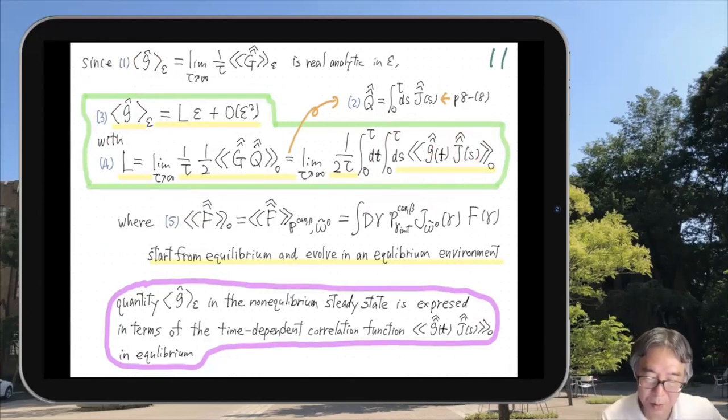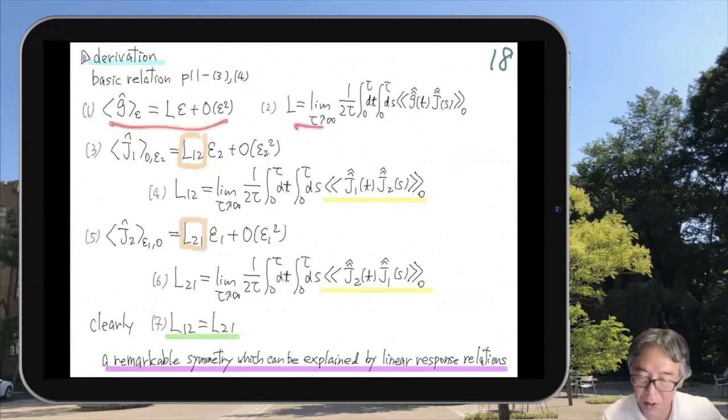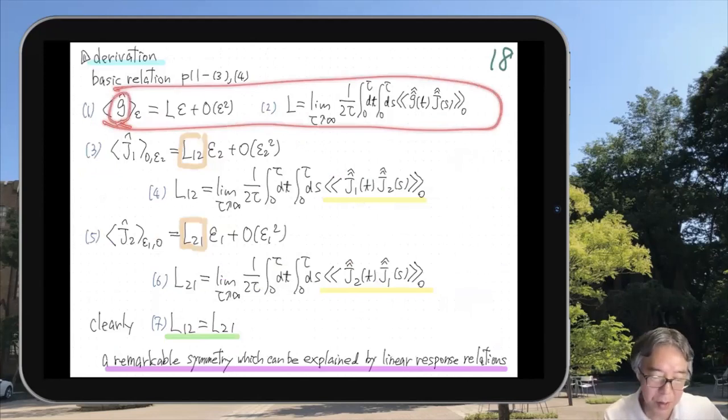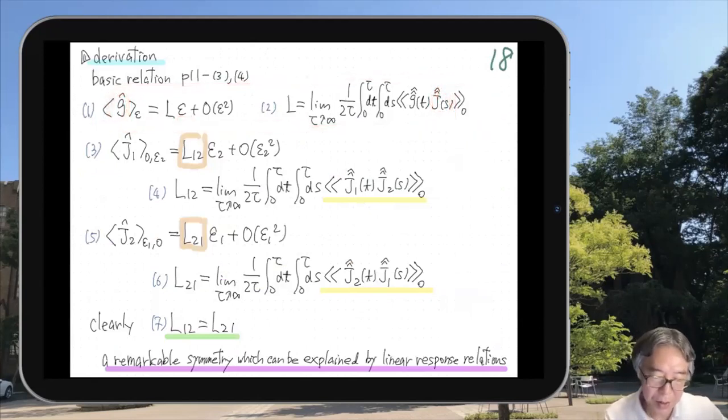So anyway, we copied these relations here. These were general relations. G is an arbitrary asymmetric jump quantity, and J is something directly connected to the non-equilibrium nature of epsilon. We apply this to our situation. We first assume that the first parameter epsilon 1 is 0, and we look at the expectation value of J1.